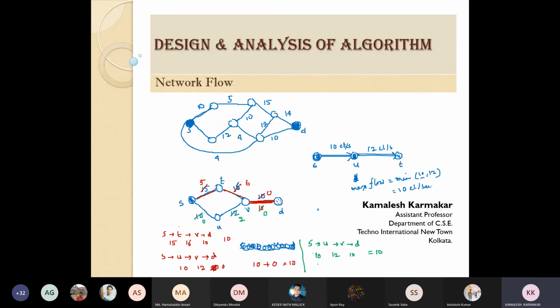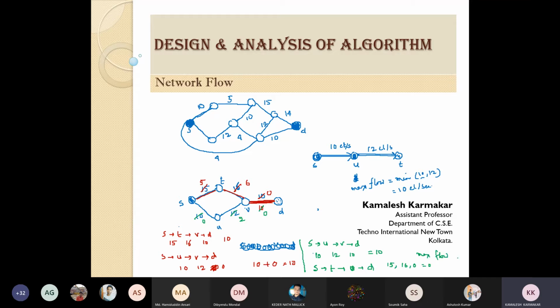Now, if you take the next path, S, T, V, D, in that case, what will be the maximum flow? It's the minimum of 15, 16 and 0. So again through this path this value is 0. So what will be the maximum flow?